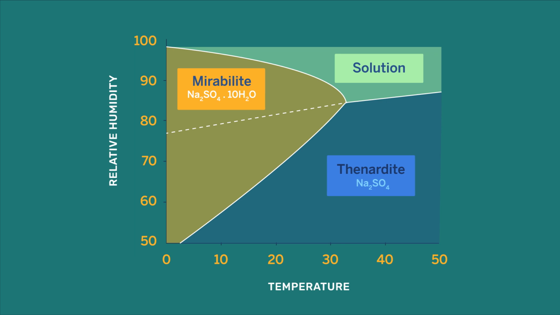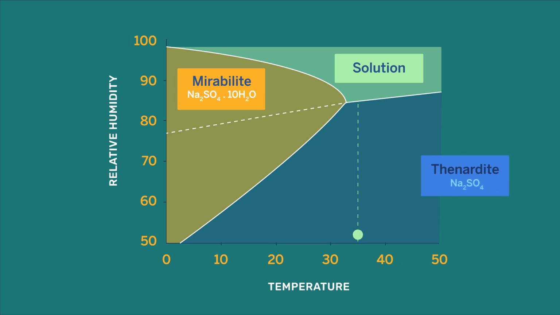If a thenardite crystal is subject to increasing humidity at a temperature above 32 degrees Celsius, it will dissolve when the humidity reaches the equilibrium line separating thenardite from the solution. If the temperature is below 32 degrees Celsius, the thenardite should convert to mirabilite when it crosses the equilibrium line between thenardite and mirabilite.